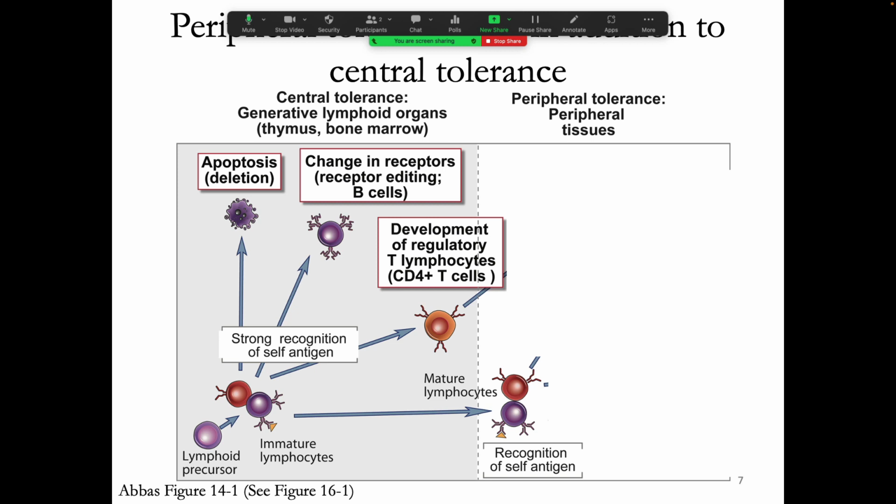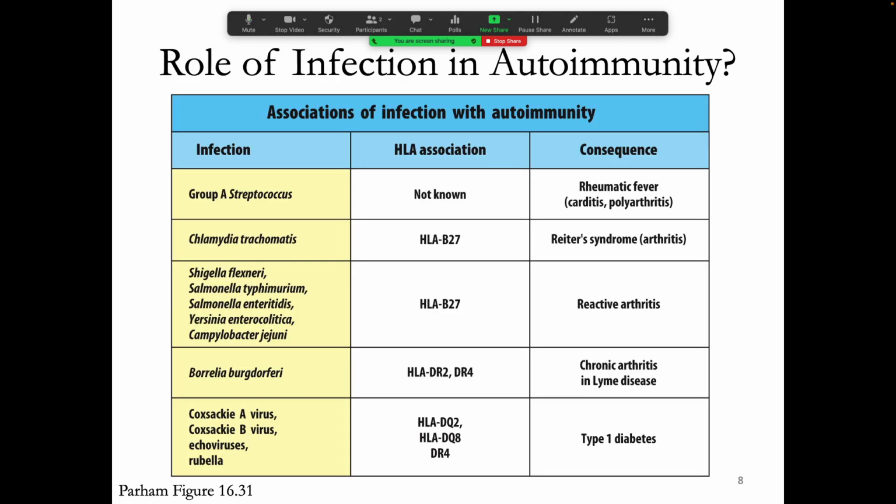In many cases, we see situations where we think, or we can make some hypotheses, that those effects have to do with some infection that someone may have had many years before.